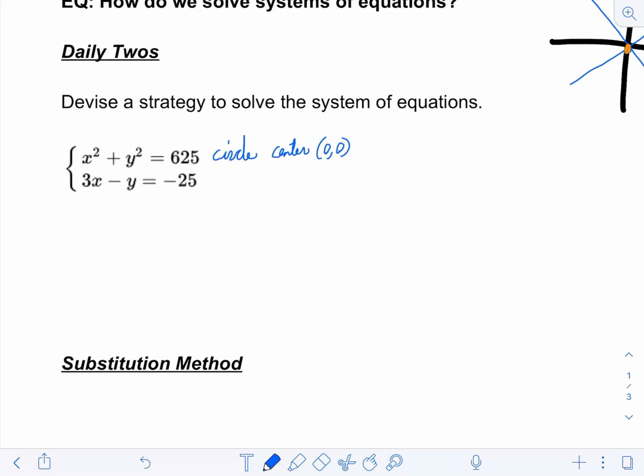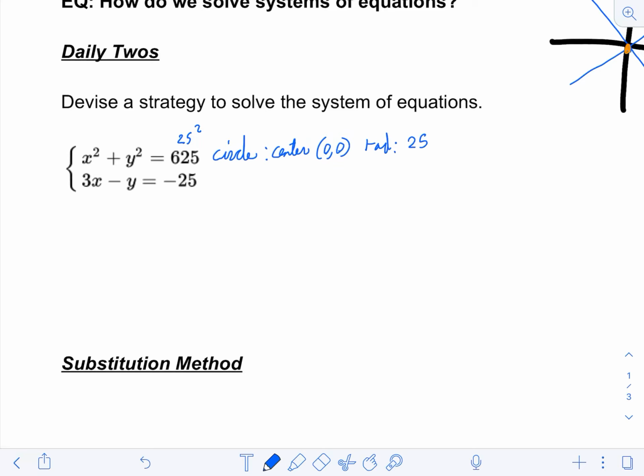That would change the center, but we know where that circle is. And then we have a radius of 25, because 625 is actually 25 squared. So we know that it's a circle with a center of 0, 0 and a radius of 25.